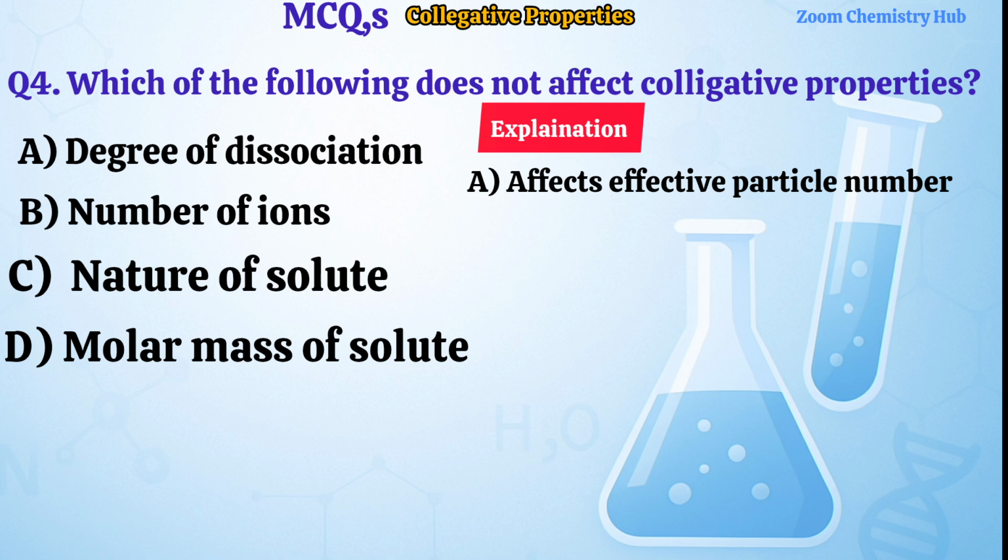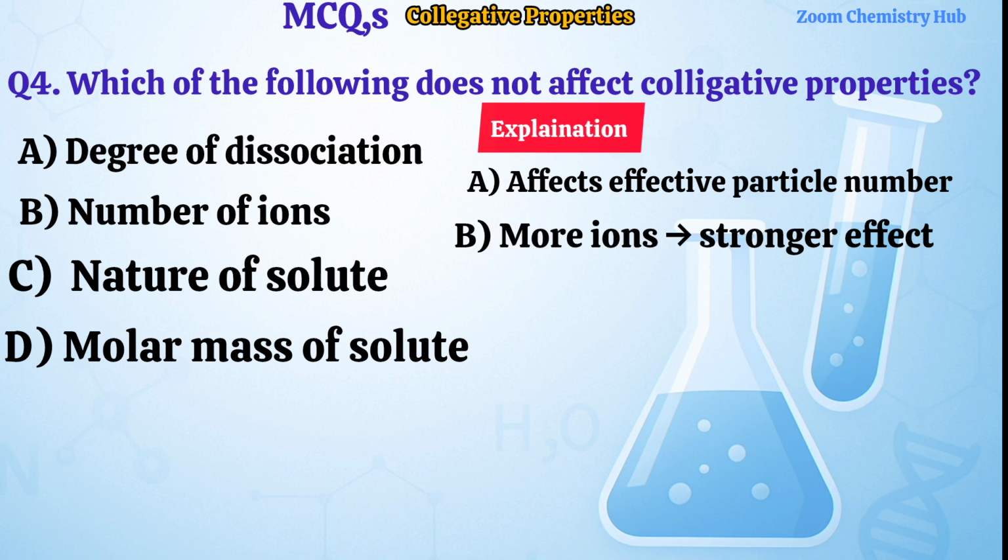Similarly, option B, number of ions. We know that the colligative properties depend on the number of ions, so the number of ions strongly affects the colligative properties. So according to the question, this option is also incorrect.